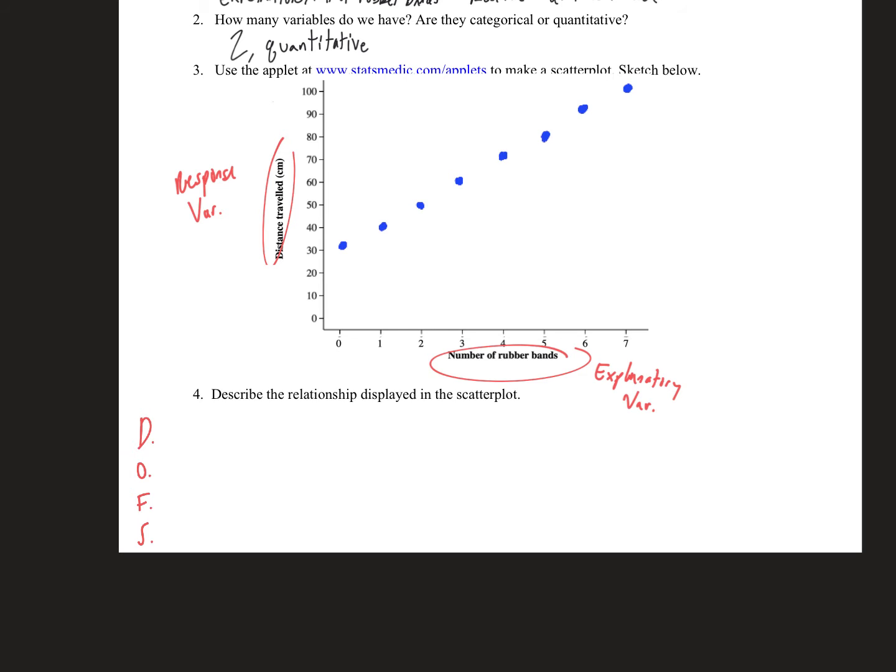That stands for direction, outliers, form, and then strength.